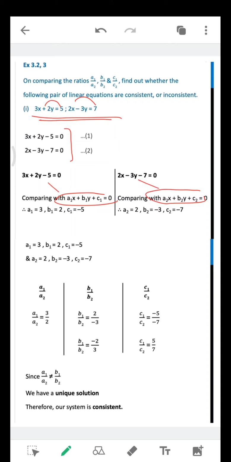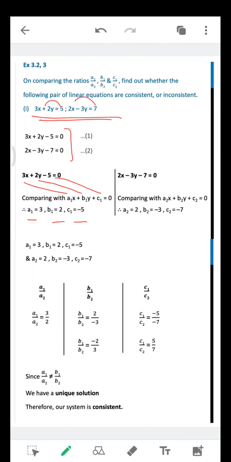Let's see what our a1, b1, c1 and a2, b2, c2 values will be. a1 is the coefficient of x. What is the coefficient of x? 3. b1 is the coefficient of y, that is 2, and c1 is the constant, that is minus 5.